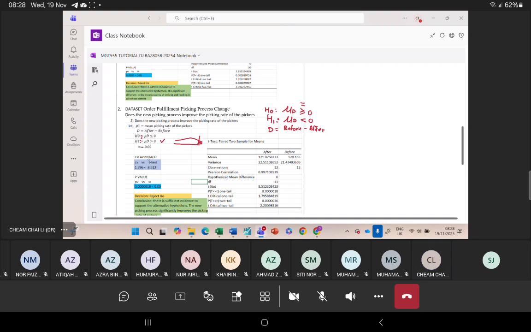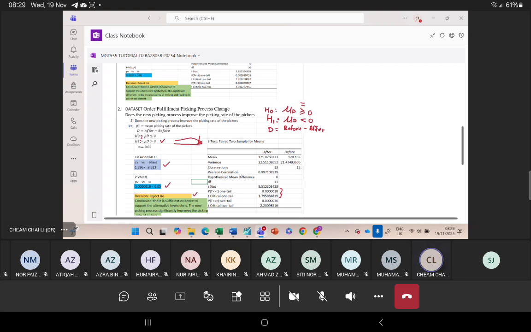For the critical value approach, your critical value is compared with the test statistic. You only need to look at one tail, not two tails. Your critical value 1.79 is compared with 8.512, so your decision is reject H0.